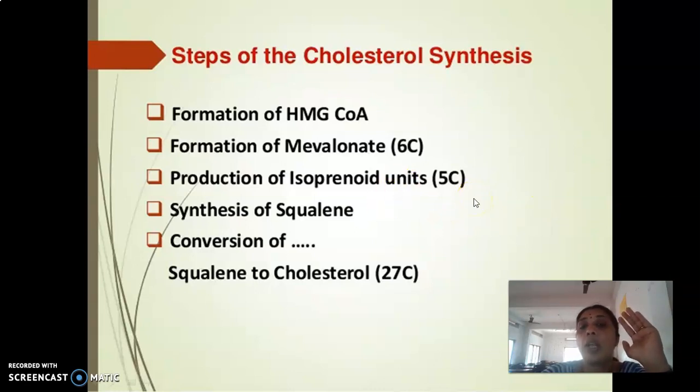So this is a 10 carbon compound. Then simple addition happens: this 10 carbon geranyl pyrophosphate adds one more molecule of IPP to give rise to a 15 carbon compound known as farnesyl pyrophosphate, FPP.